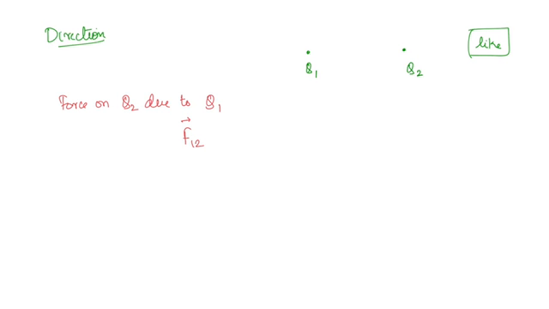So F12 bar will be equal to, the magnitude will be the same, the product of charges divided by 4 pi epsilon into distance square, where the distance between these two is R. Now what will happen to the direction of force? The force on Q2 due to Q1, because we took like charges, is going to be in this direction.